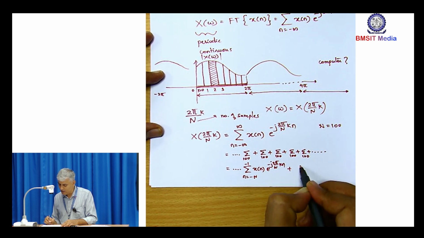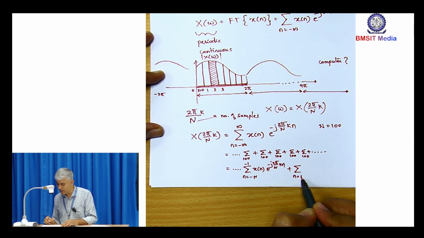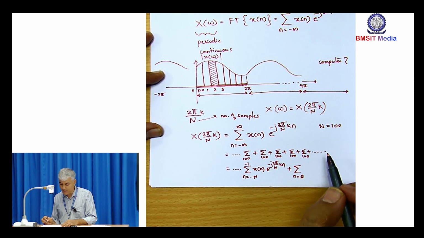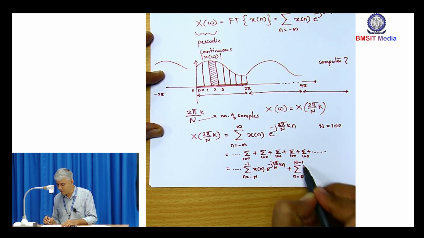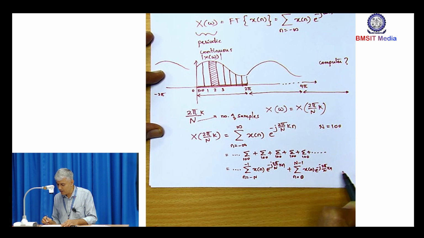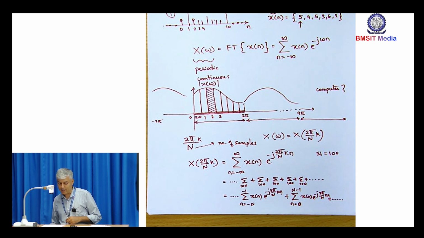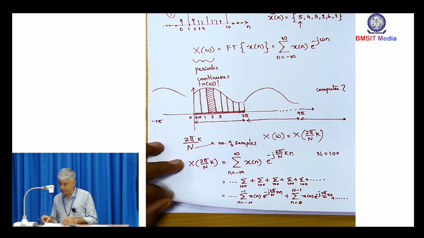After that the terms are all same, but the next value after minus 1, so minus 1 is included here, after minus 1 it is 0. So from 0 this should have N terms, so N minus 1. And again the same term x of n e raised to minus j 2 pi by N k n, and this goes on and on. Now, what is the purpose of doing this kind of representation? That will be very much evident in the upcoming discussion.